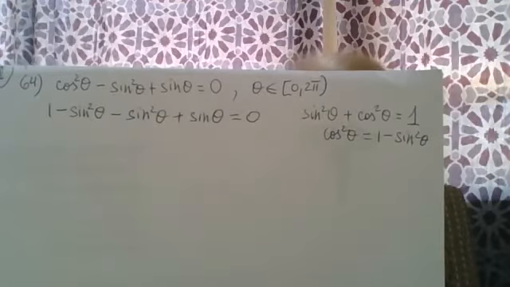Do we have like terms here? Yes. So it will be negative 2 sine squared theta plus sine theta plus 1 equals 0.